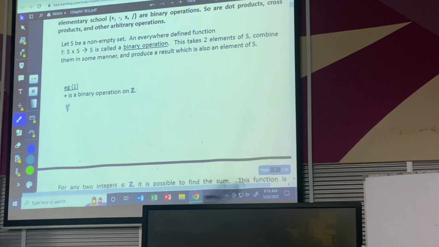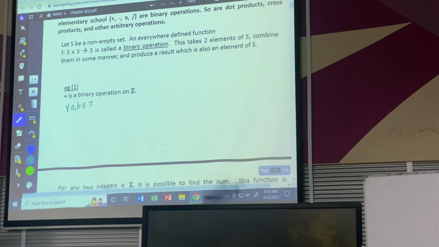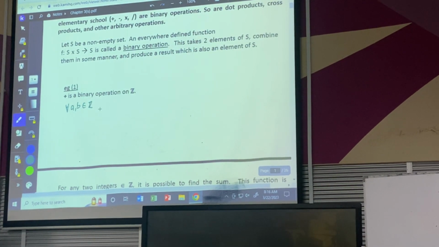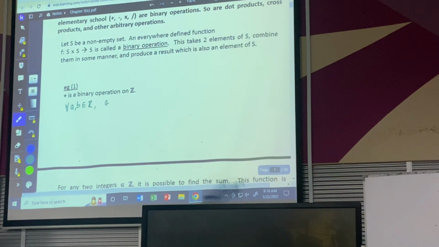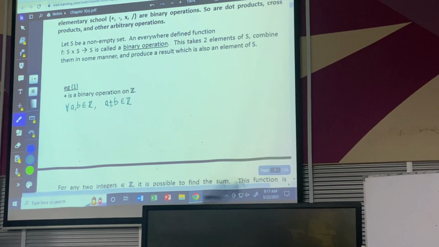For all A and B which belong to the integers, after I take the operator plus, the result belongs to the integers also. So any two integers, after you add them up, the answer belongs to the integers.